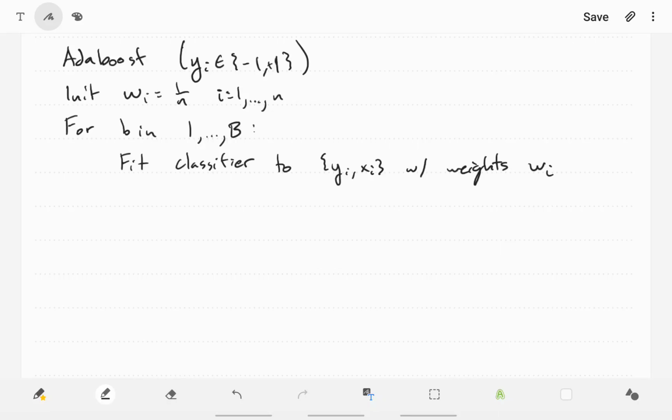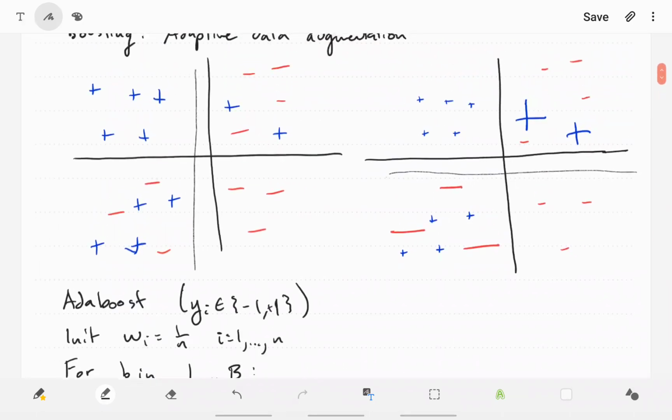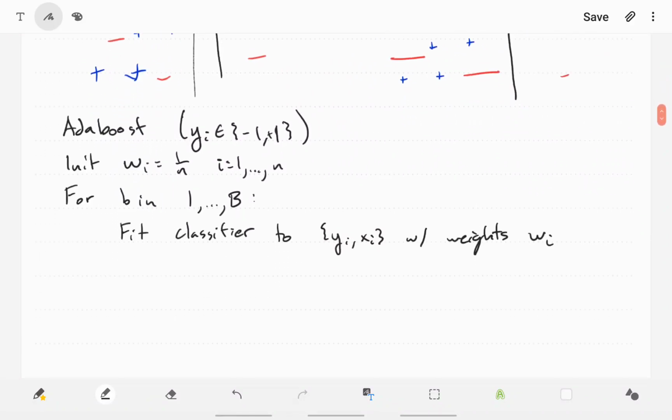If we have weights, we can just use those to weight our misclassification loss, our 0-1 loss, for our stumps. These simple decision trees with a single split are called stumps.